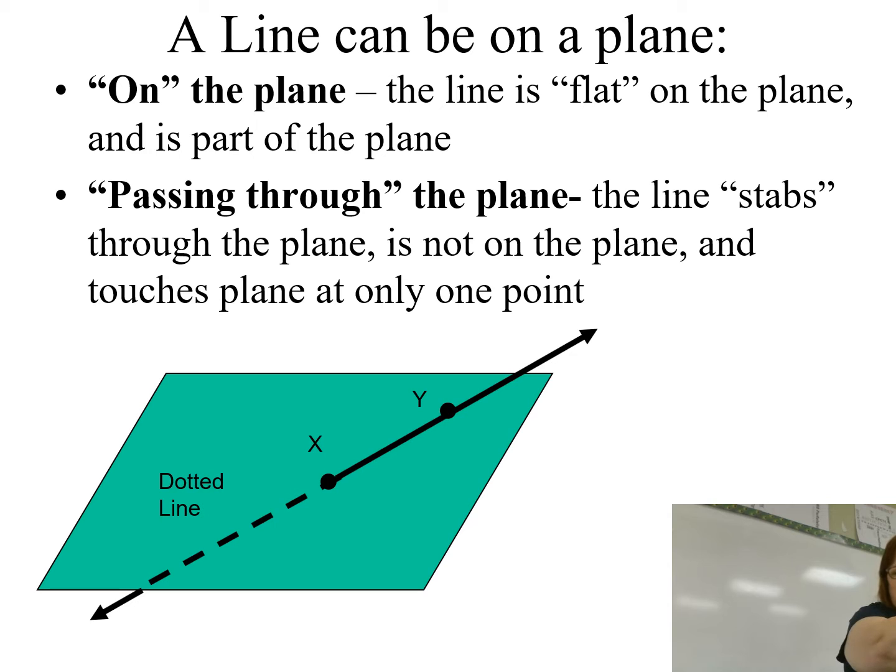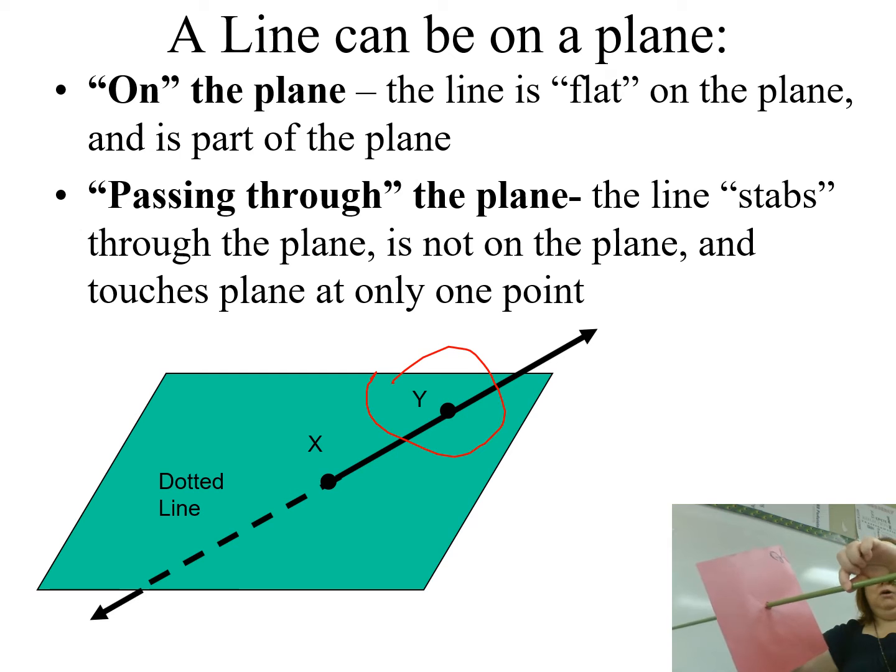What about the Y? Is Y on the plane? Now, if you just think about it being flat on it, then yeah, it would be on it. But it's not flat, is it? It's standing out. Where is the Y? If this is X right here, Y is going to be somewhere out here where my hand is now, right? Here's X, here's Y out here.